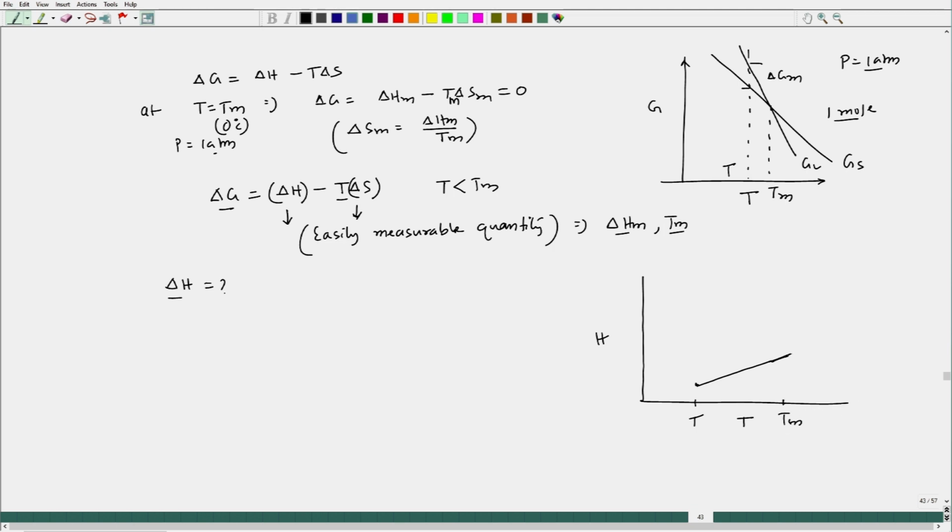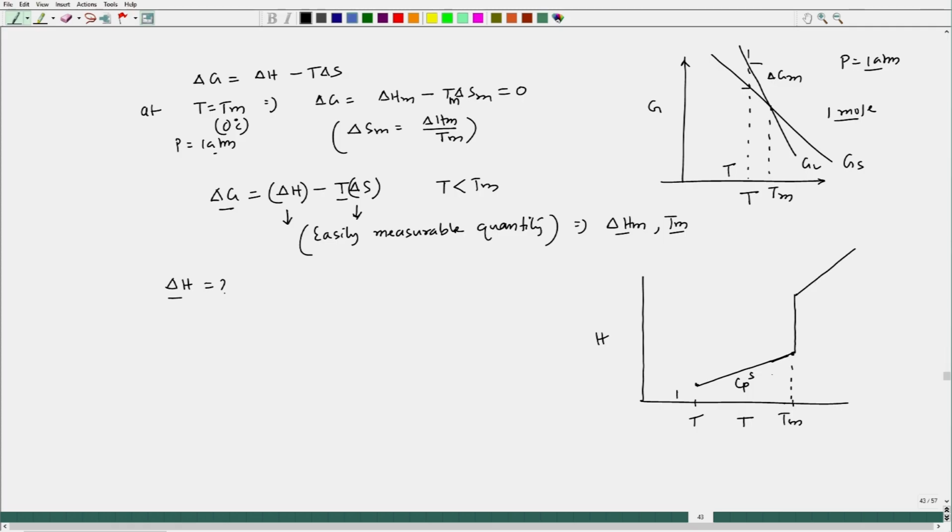If I increase the temperature of the solid, H will start increasing because of its Cp, and then it reaches T m, and then it starts melting. It will melt completely before the temperature starts increasing. So, then again H value would increase.